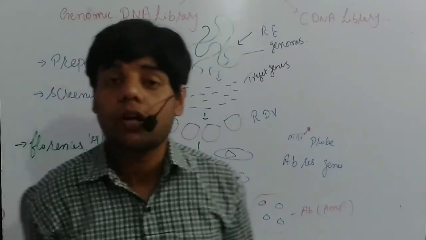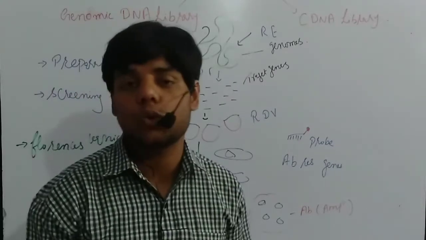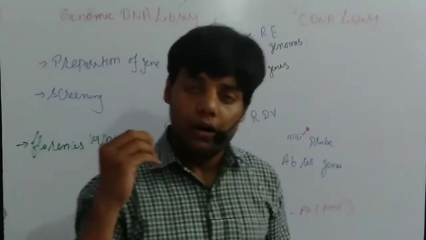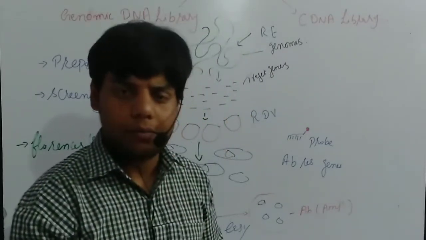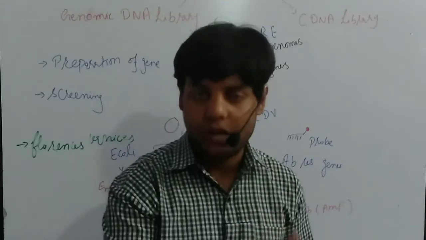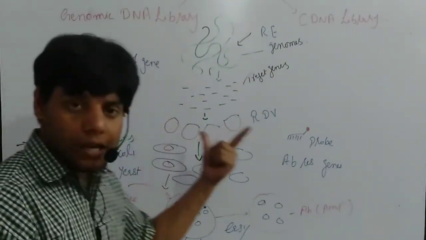You can separate your genes and then make your proteins. Let's say in this case you can make insulin protein and use it for a disease like diabetes. This is how we can use the genomic DNA library.